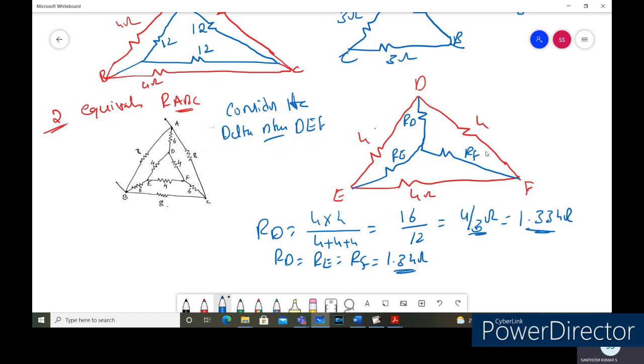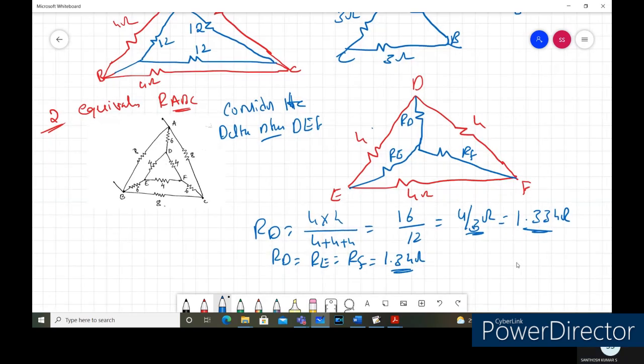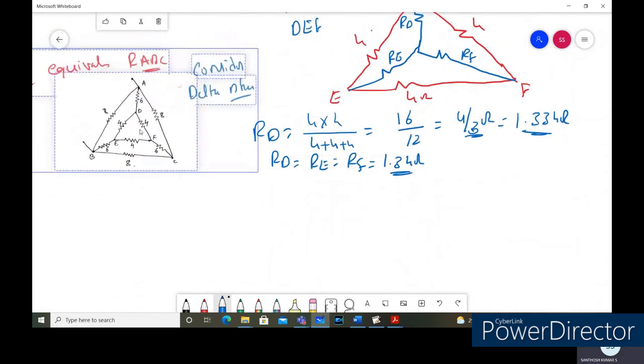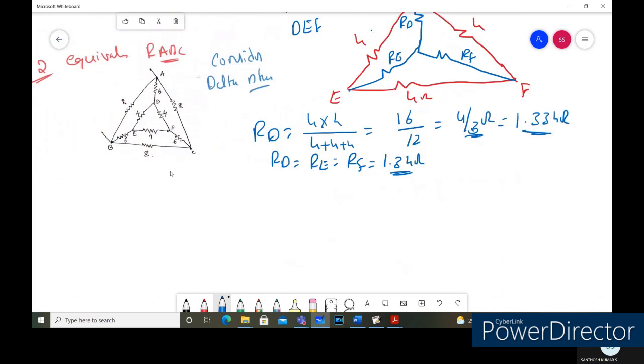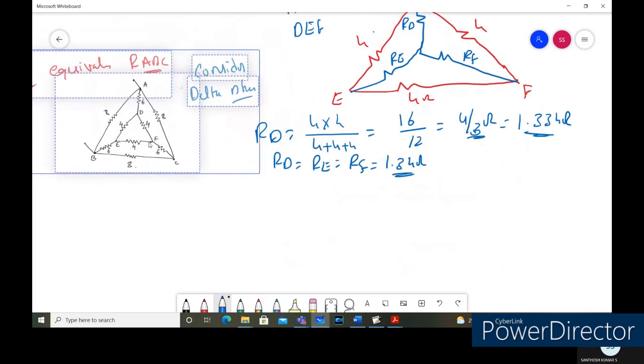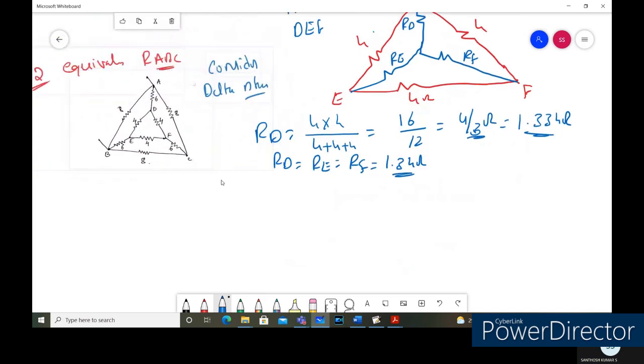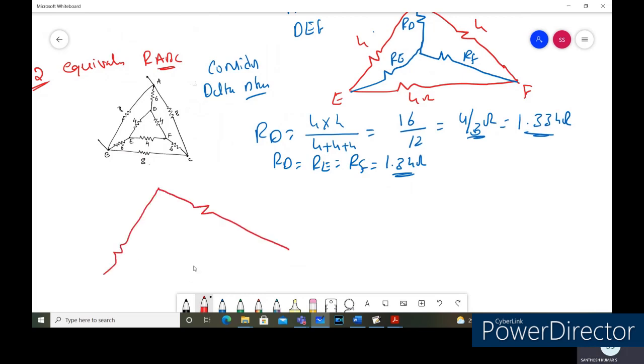Now we can replace the network between DEF with the star network. We'll replace that part of the network. So I'm going to draw the network between A, B, and C here.